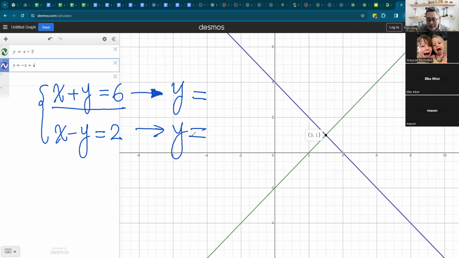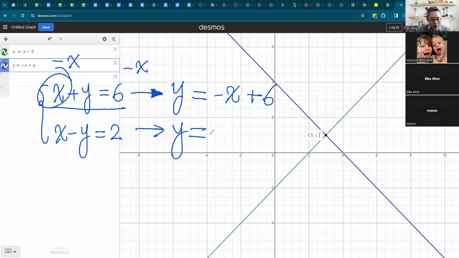Very good, Roger. Okay, make sure we got the symbol right. So it should be y equals minus x plus 6 because we moved x over by minus x on both sides. So we got this.